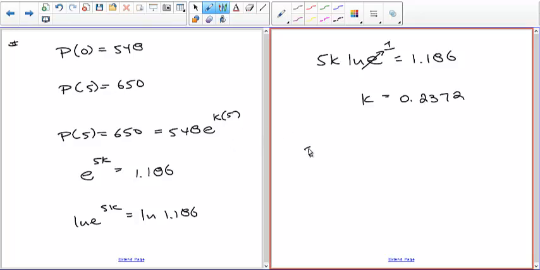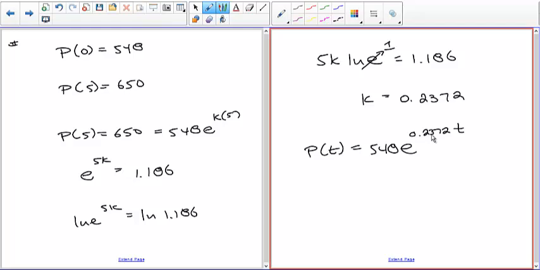So then you can go back and say P of t is 548 e to the 0.2372 t. Now we could check that out just by plugging in 5 to see if I've done this right. So we take 548 times e to the 0.2372 times t, which is 5, which is something that's not right.